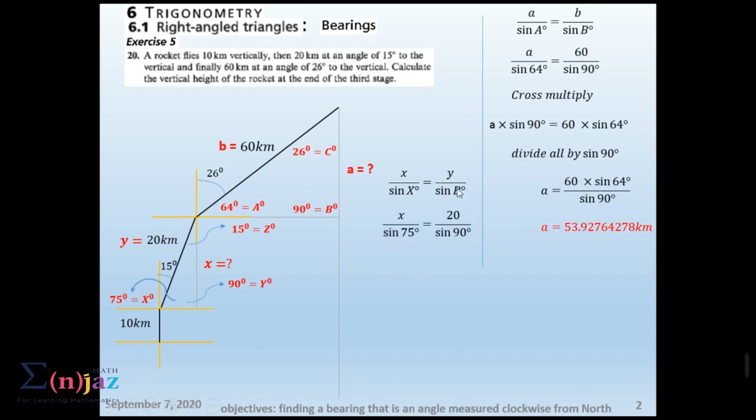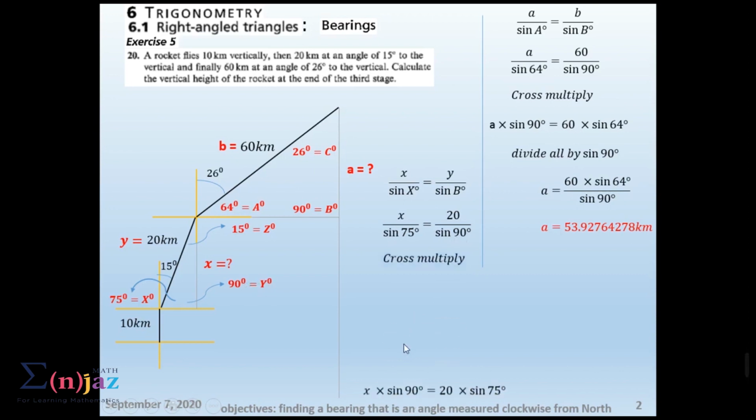So this is y capital, not b capital. x is my unknown. Sine of x capital is 75, so sine of 75 is equal to side y, which is 20 kilometers, so 20 over sine of y capital, which is actually equal to 90, so it's sine of 90.